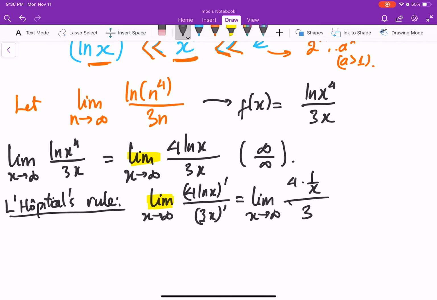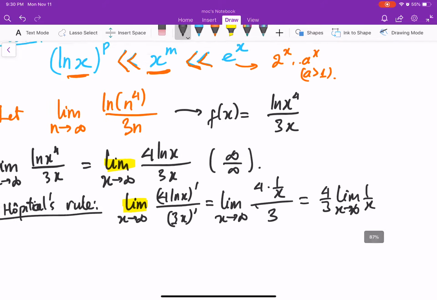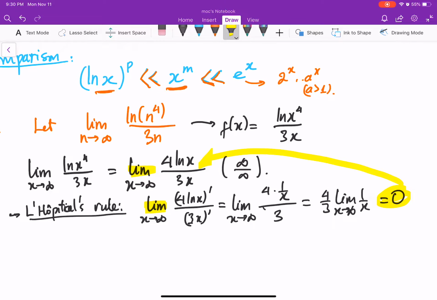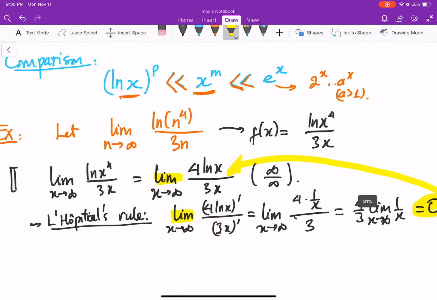When you simplify this, you get 4 over 3, which we take out, and then the limit of 1 over x as x approaches infinity, and this is just 0. So that means this 0 is this limit. So basically the limit of our function is 0, and that means the limit of this sequence is also 0.